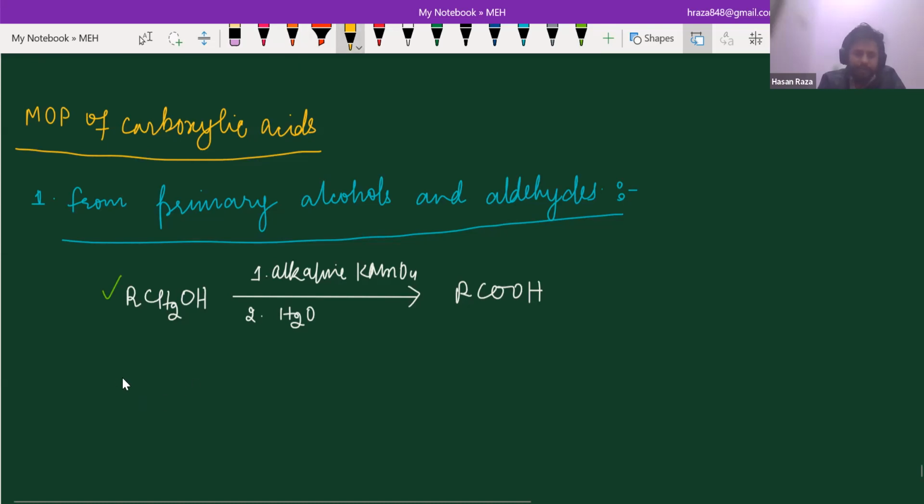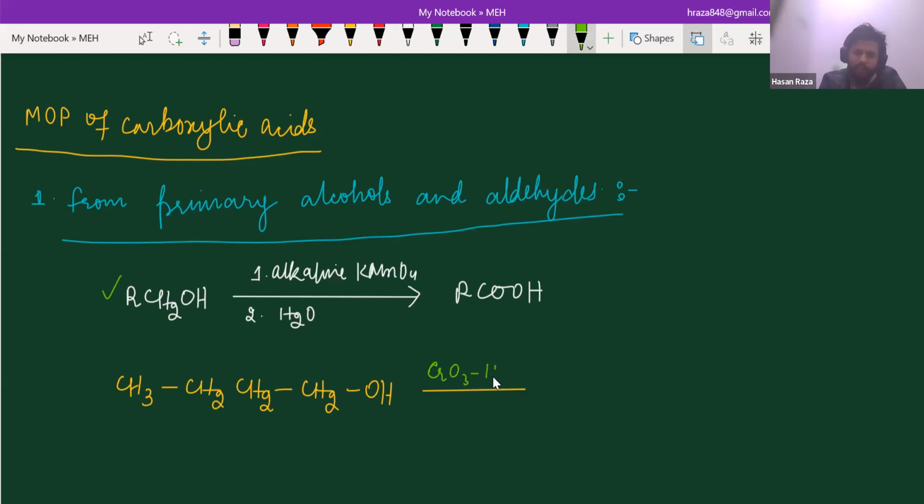There is another reagent that is used, known as Jones reagent. CH3CH2CH2CH2OH. Now you can see that this is your butanol, and if you are going to use this reagent CrO3, H2SO4, this reagent is known as Jones reagent.